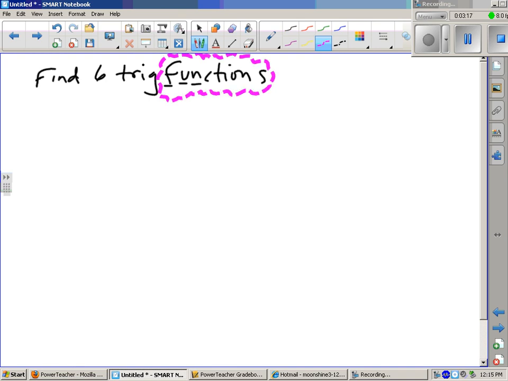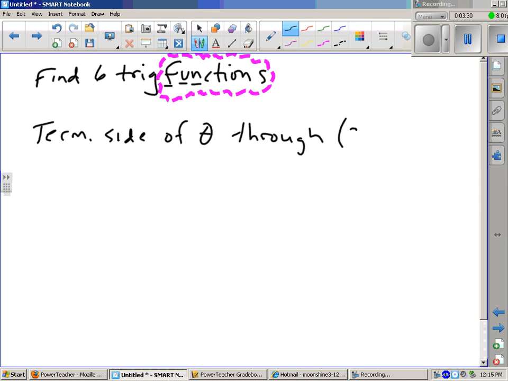Okay, so the terminal side of theta goes through the point 3, negative 4. I want you to find the 6 trig functions.